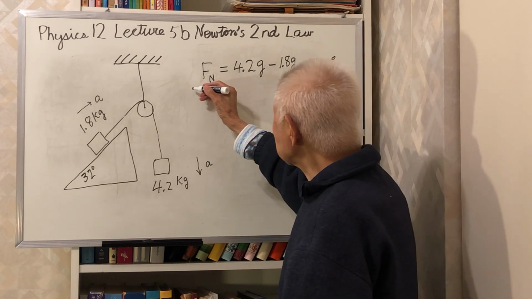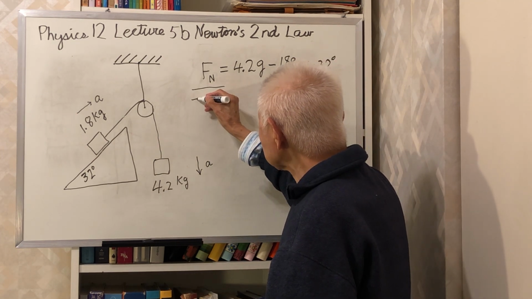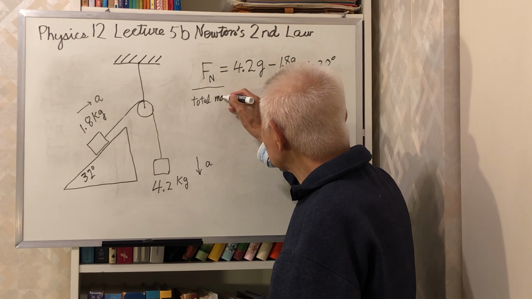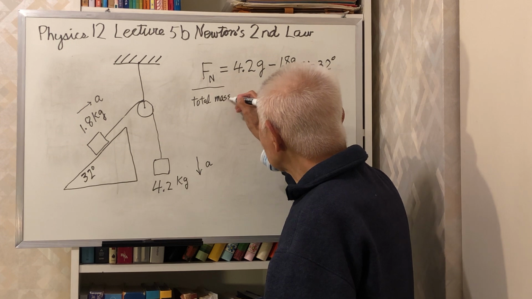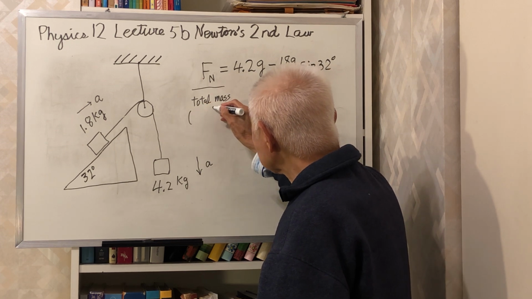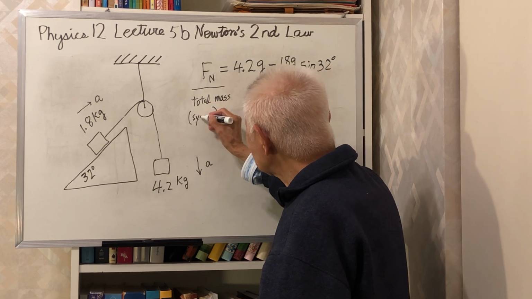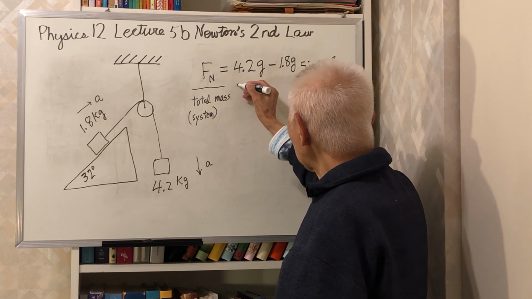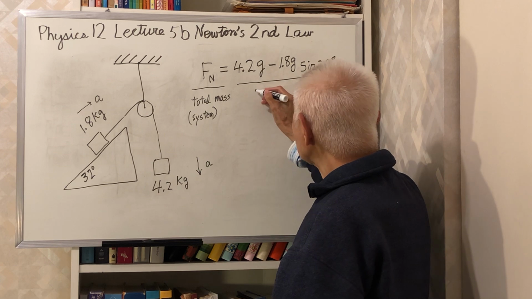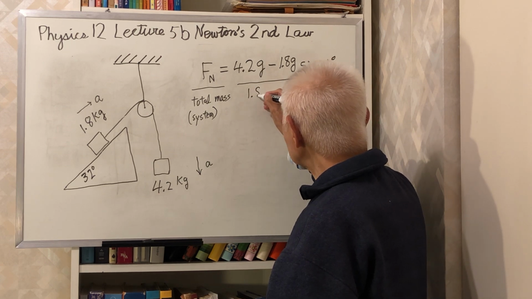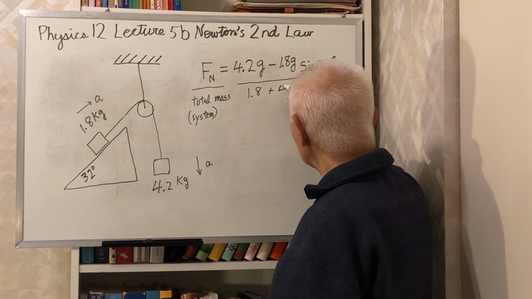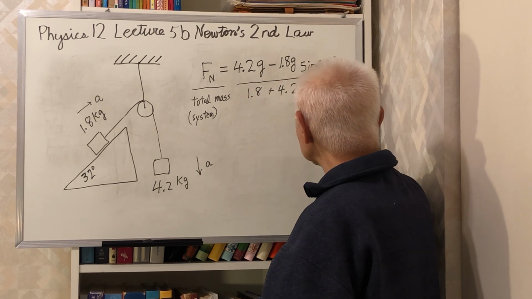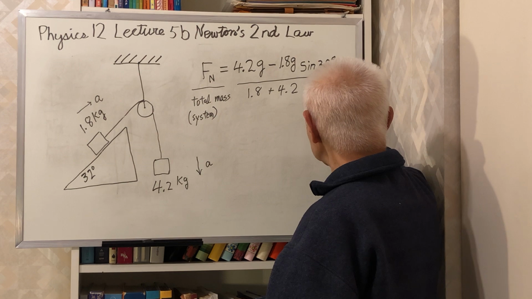So if you divide by the total mass, or you call it the system mass, so you divide by 1.8 plus 4.2, then the answer is the acceleration.